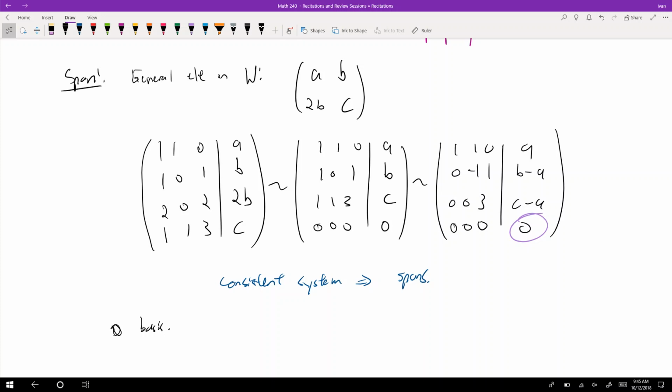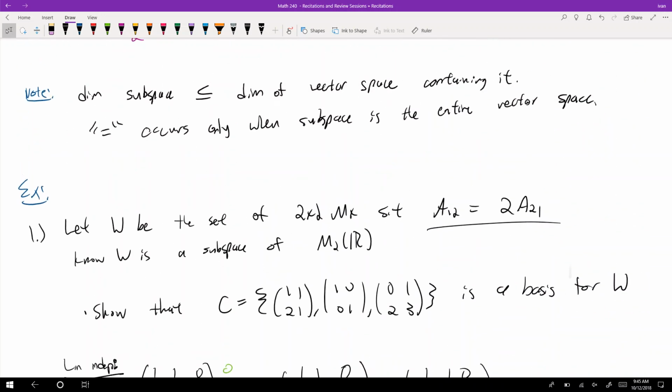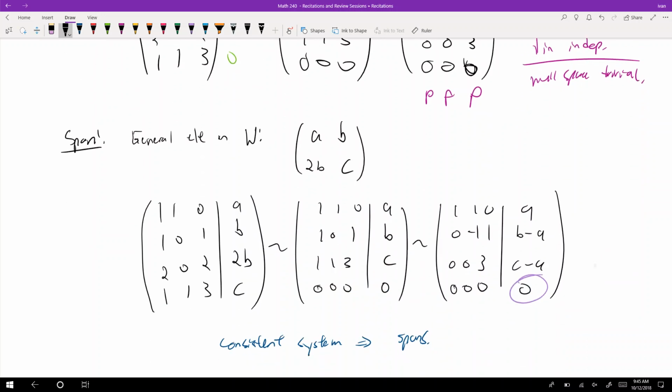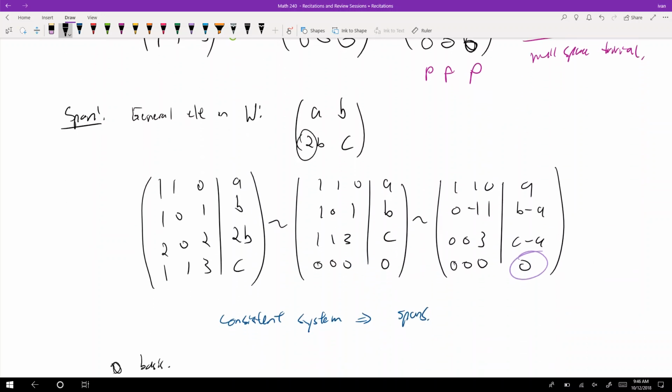Not really, because let's say your condition was A12 equals like negative 3 times A21, right? Then this coefficient would be a negative 3, but then it wouldn't get killed in this operation here, but it'd still be 3-dimensional, right? So you kind of have to do it this way. With span, you more or less have to do it this way.